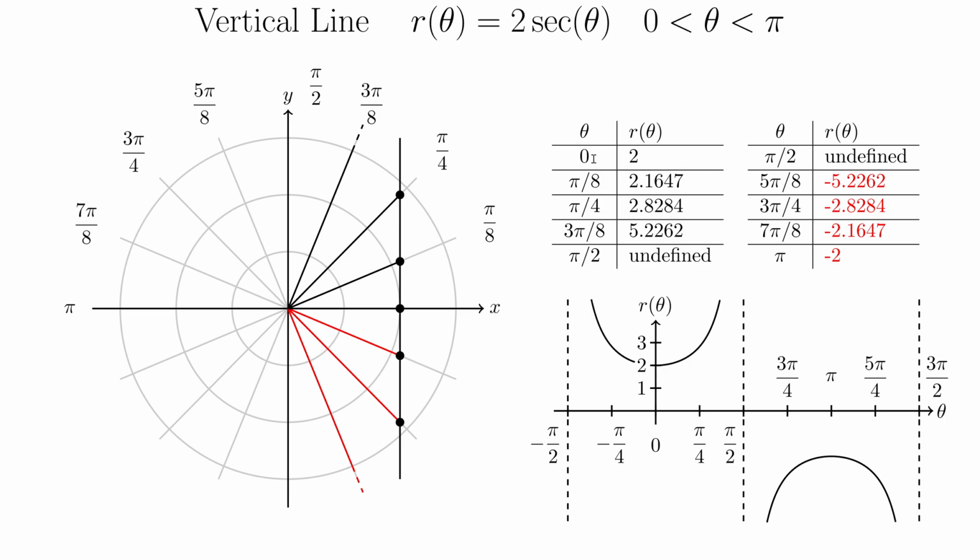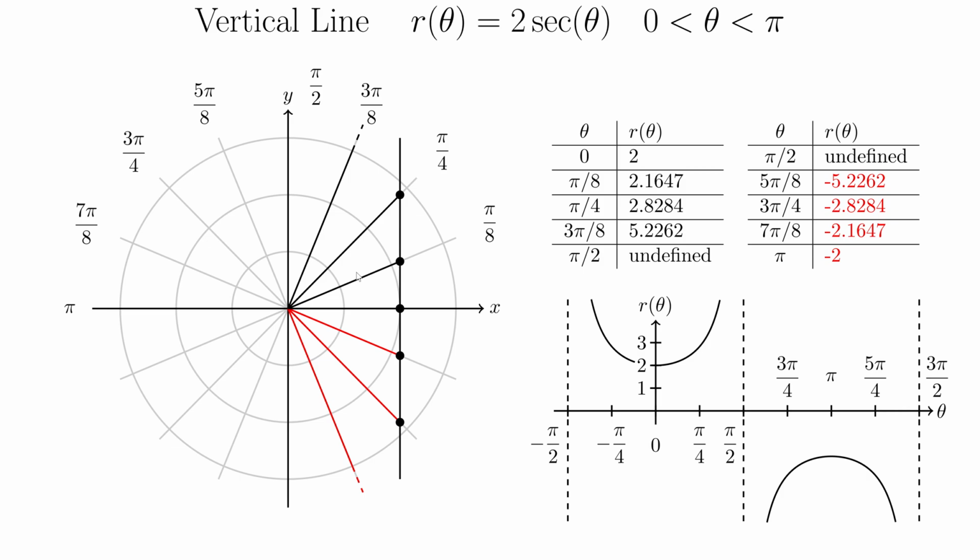And if we start at theta equal to 0, then we actually start at value 2, because secant of 0 is 1. And so we travel from the origin along the theta equals 0 direction, 2 units, we get to this dot. And the next one, pi over 8, we're going to travel along this line, we have a positive r value, so we end up getting this way, we hit this line at this dot.